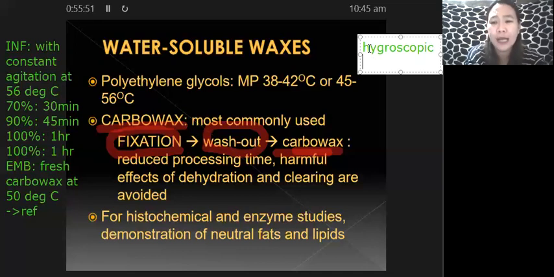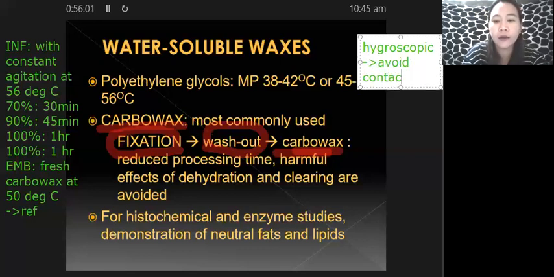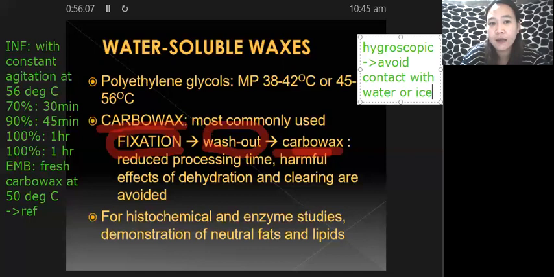So you should avoid contact with water molecules or even ice. Due to its hygroscopic nature, you have to avoid contact of your block with water or ice.